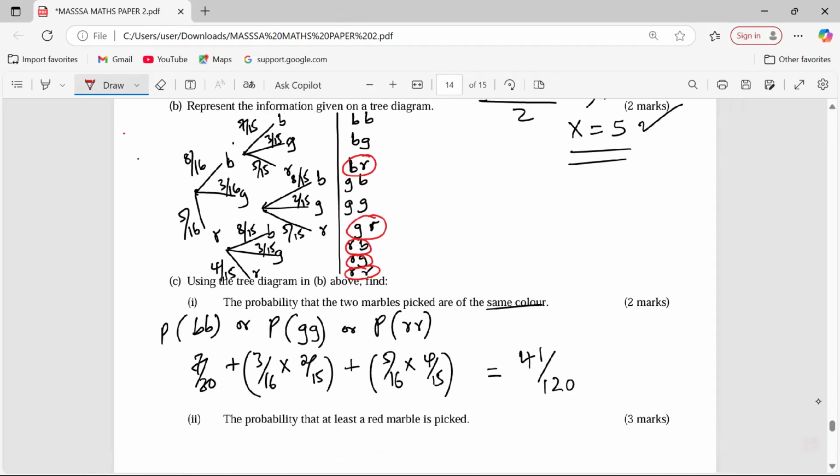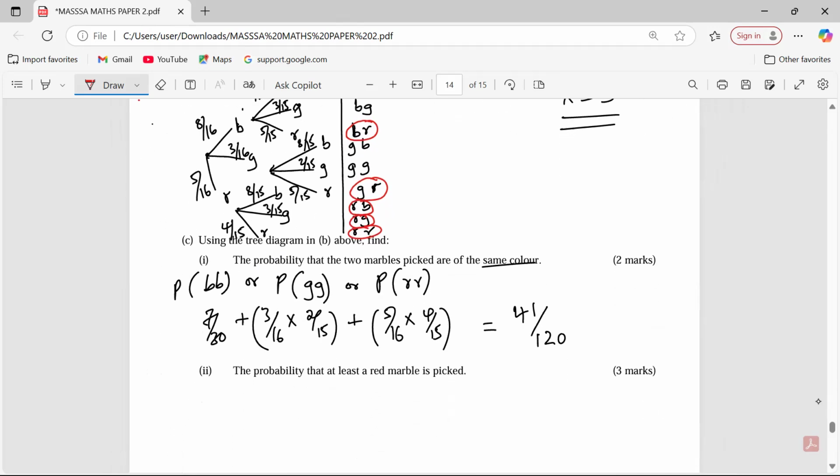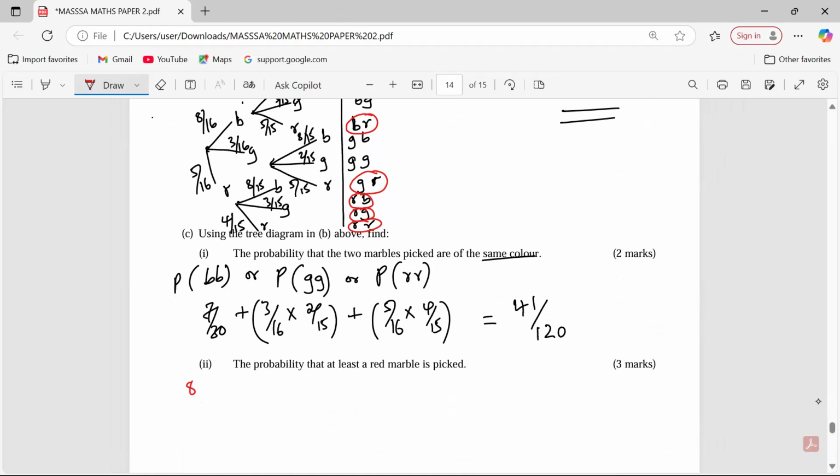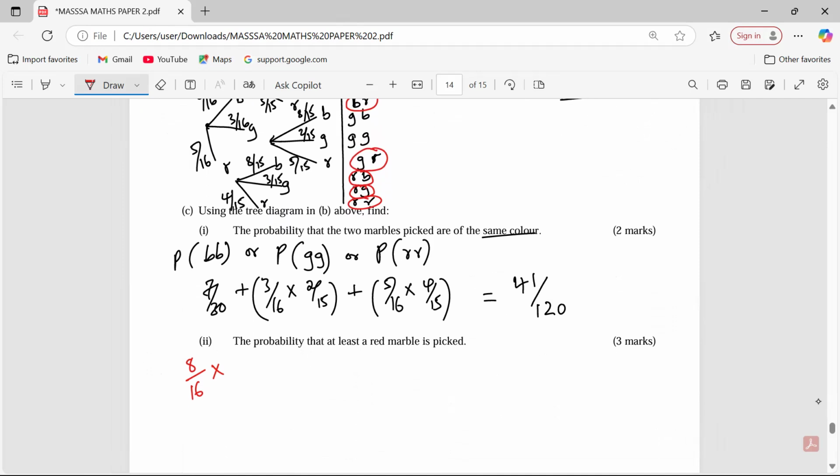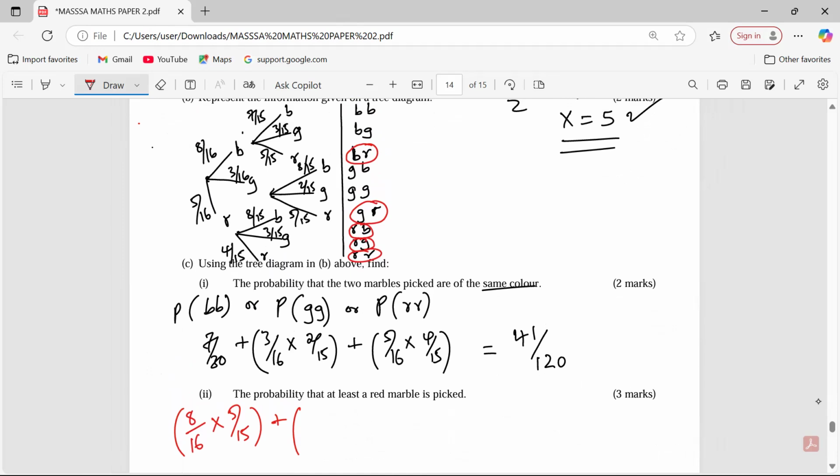So blue followed by red, that is 8 over 16, then followed by red means 5 over 15. Or, as long as there is a red appearing, green, red.